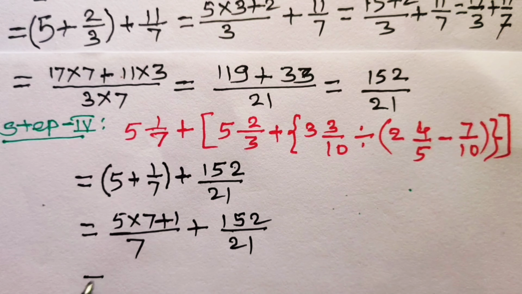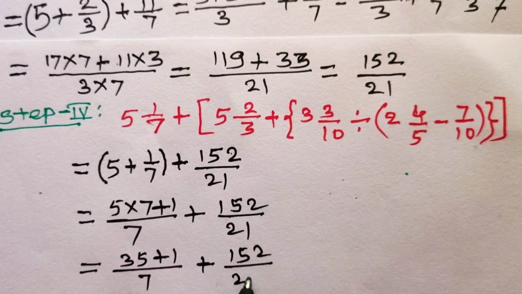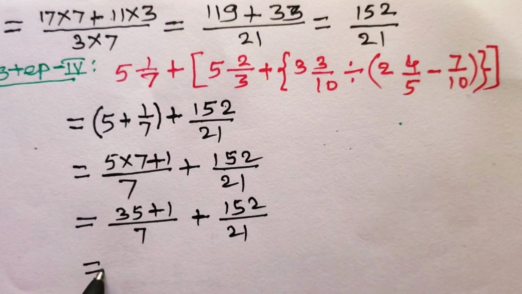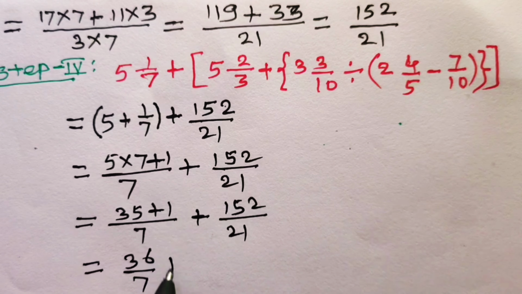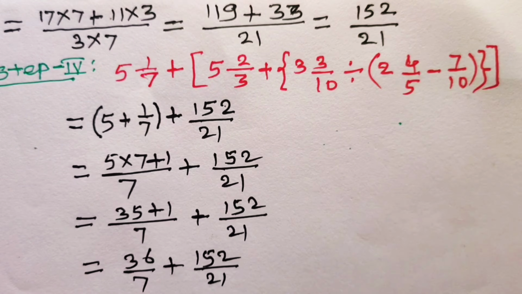This is equal to 5 into 7 is 35 plus 1 over 7 plus 152 over 21. Hence, this is equal to 35 plus 1, 36 over 7 plus 152 over 21.